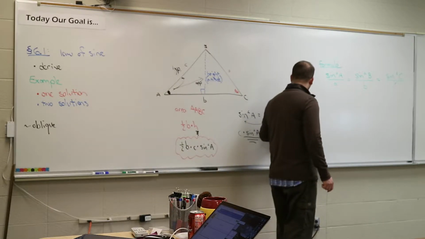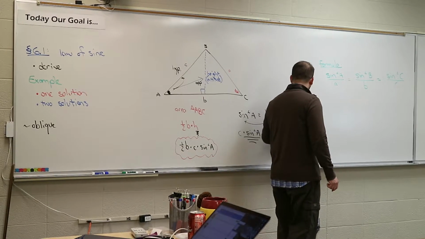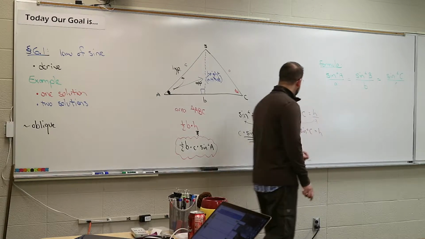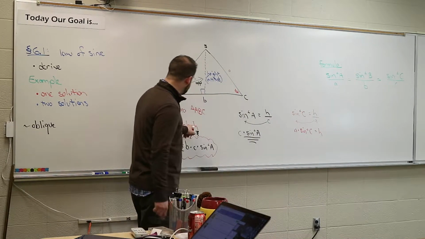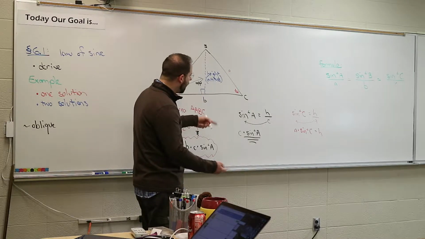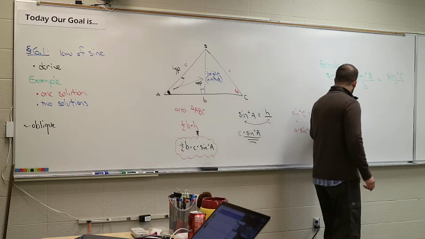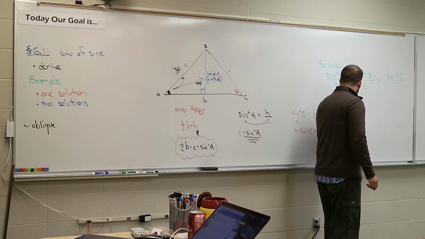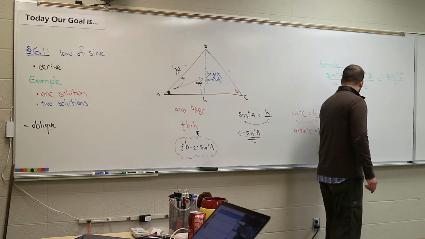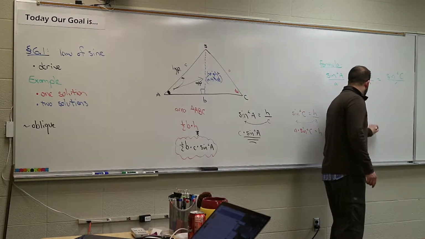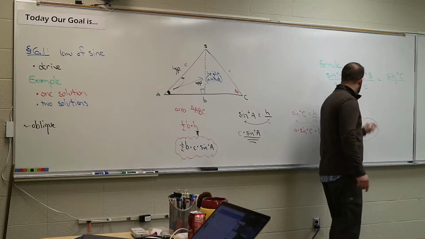You'd multiply the a across, which is a times the sine of angle C equals the height. And that's what I would plug in here instead. So if I didn't pick angle A, I picked C, that's what I put in for h. So it's half the base times the height, which is this part. And I'm going to circle this one as well.